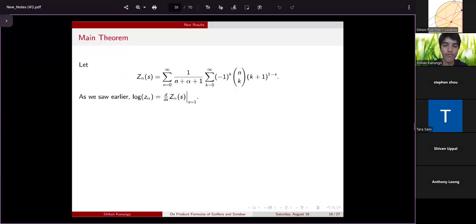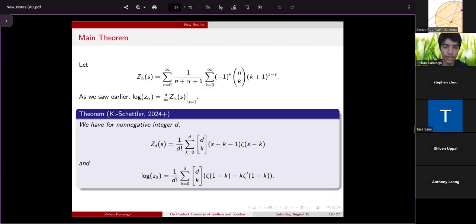So now in the main theorem, first define capital Z alpha to be that sum that we saw earlier. And the log of the little z alphas is going to be the derivative of this capital Z alpha at s equals 1.